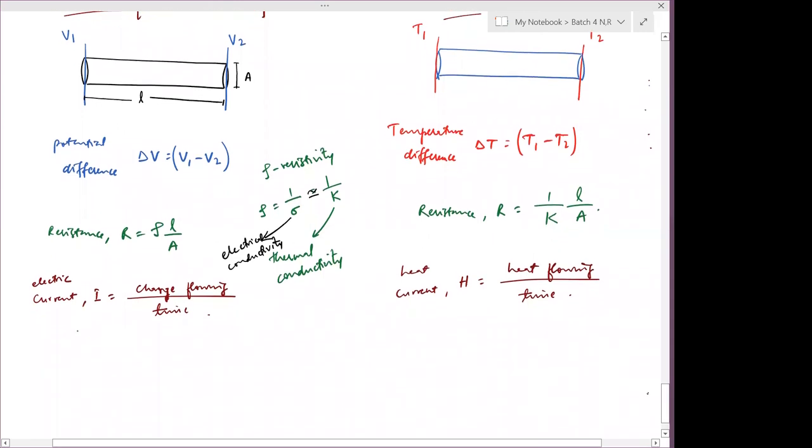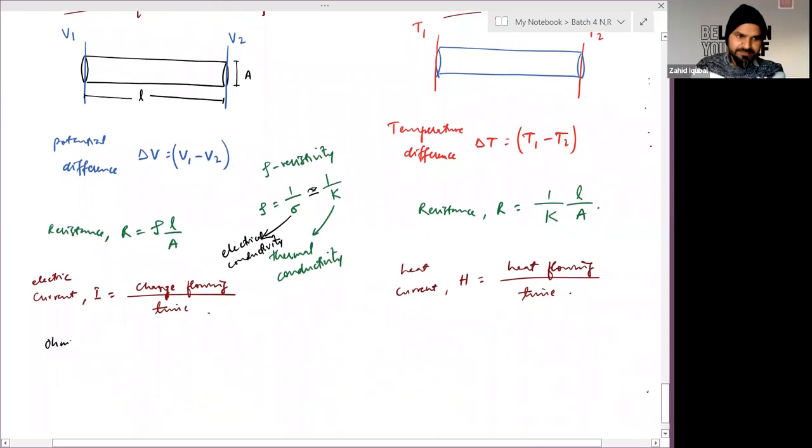So according to Ohm's law, we define potential difference across this particular conductor is directly proportional to current flowing through it. So it will be I times R, where R is the proportionality constant, that is resistance. So we may write current equals potential difference divided by resistance.